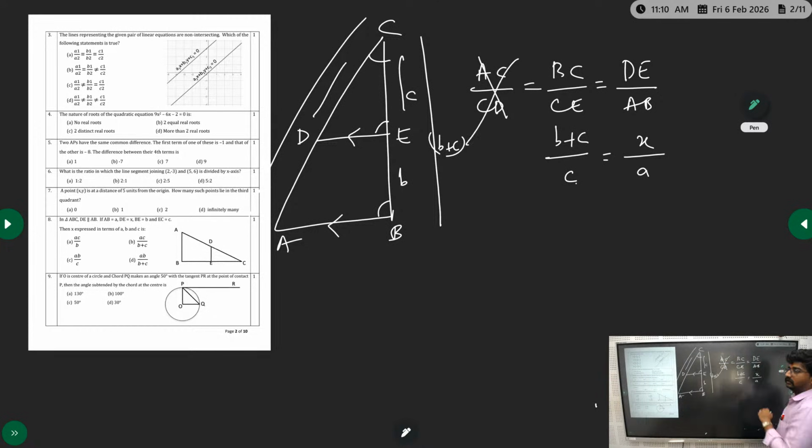This is not required, same as the last problem in the last paper. Cross multiply. X into C, XC is equal to A into B plus C.